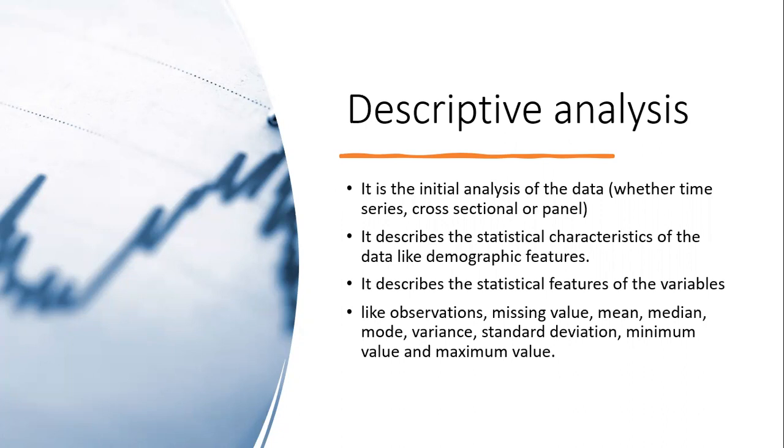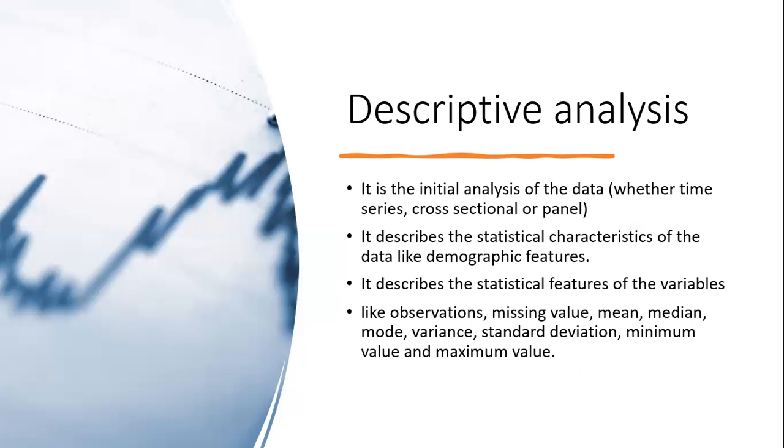When we start quantitative analysis of our data, at the initial level, we want to see various statistical characteristics of the data. Whatever variables we have included in our data, we want to see some basic statistical features of our variables.